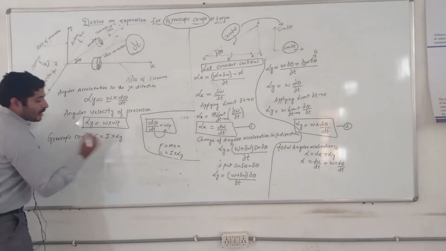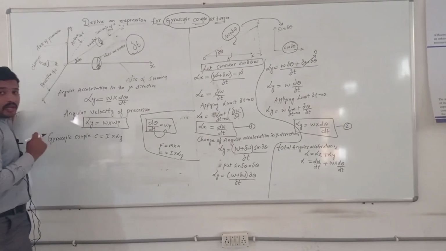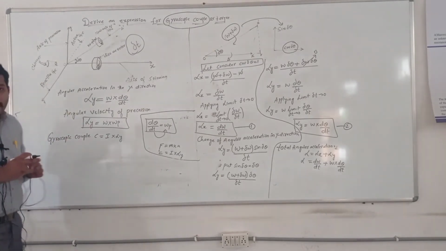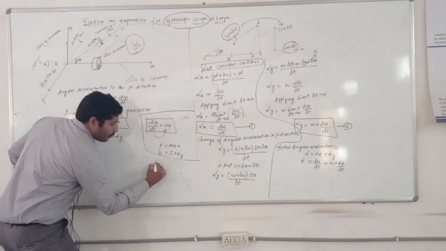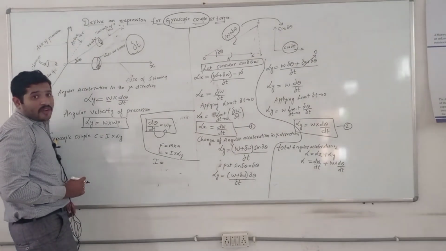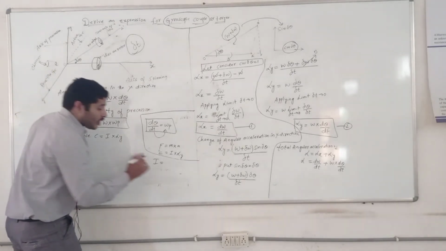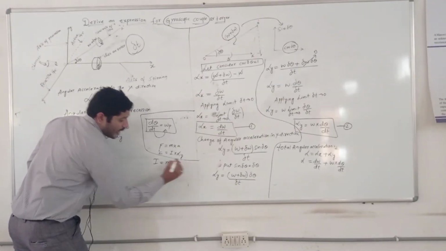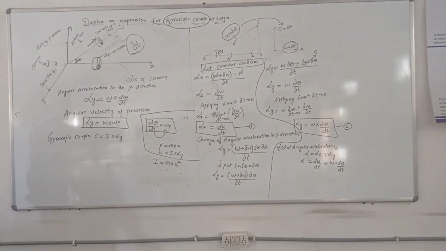Then I is nothing but the moment of inertia. Is it right? We know very well. What is the formula? The moment of inertia is I equal to mass into radius of gyration squared, m k square.